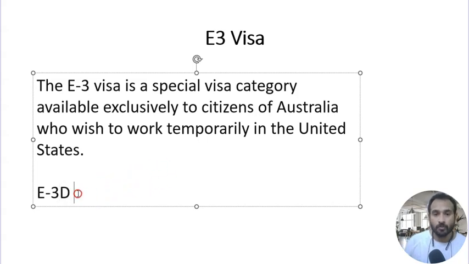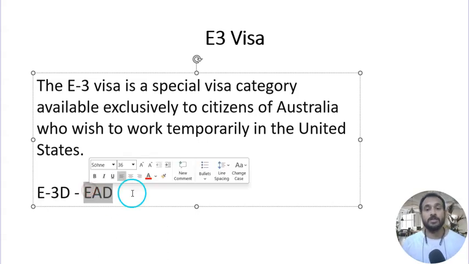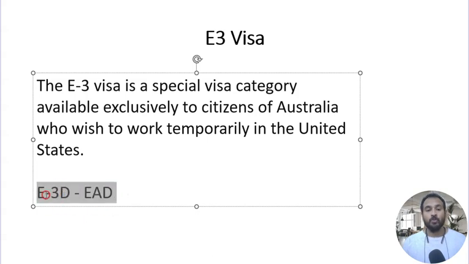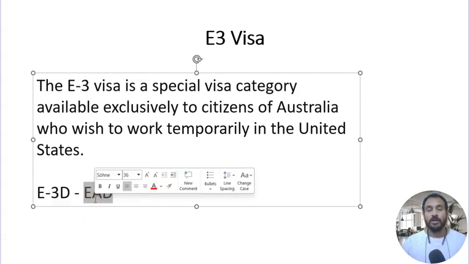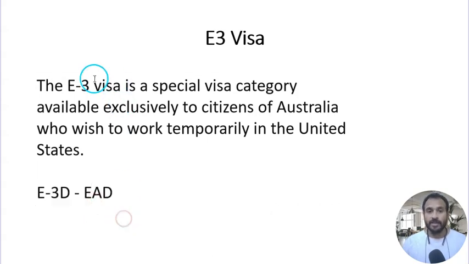Let's say the spouse of the individual comes to the US, that person gets E3D and applies for EAD. Once the employment authorization document has been received, they can work on C2C, W2 or 1099. But E3 visa holders themselves can only work on corp to corp.